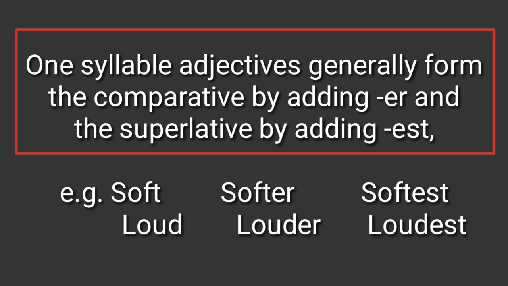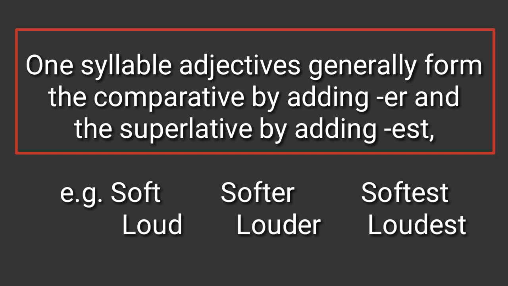Okay, look at the given examples. Soft, it's a one syllable word. Okay, we can pronounce it with one syllable. So soft is a one syllable word, so we added er to that word to make a comparative form, and we added est to that word to make its superlative. Okay, look at the next word, loud. It's also a one syllable word.